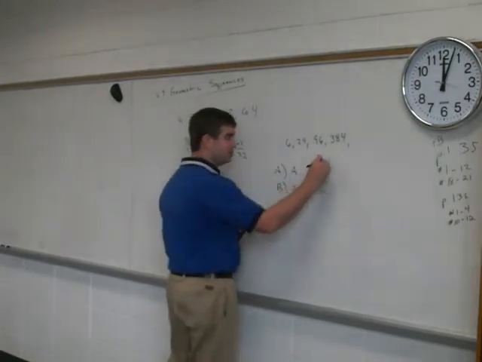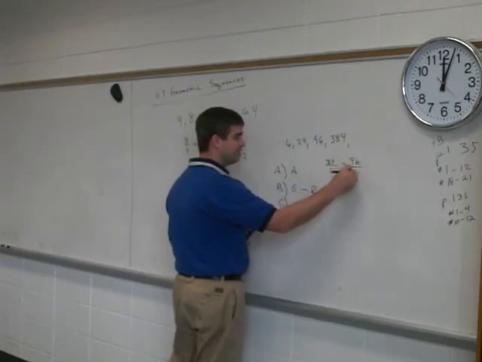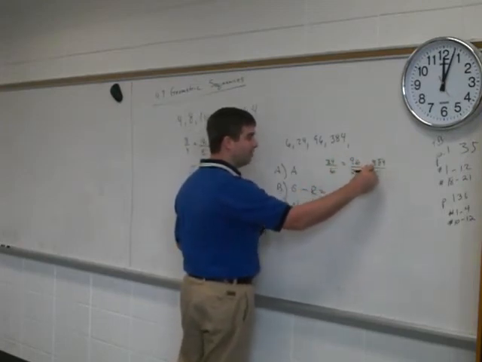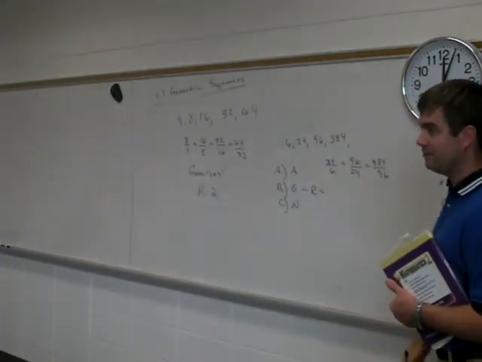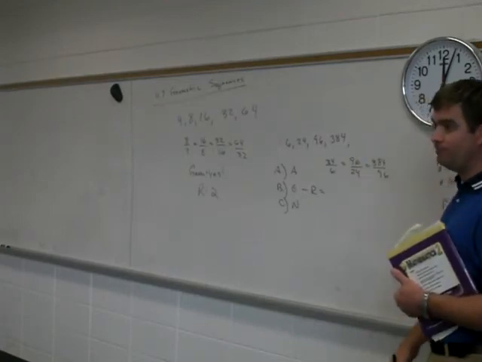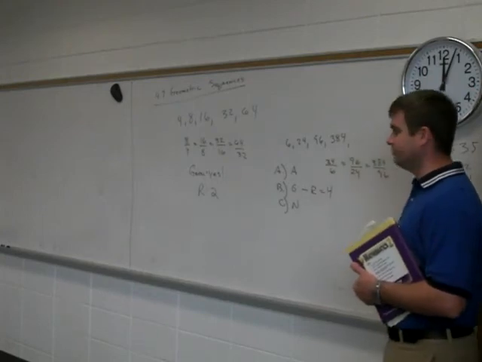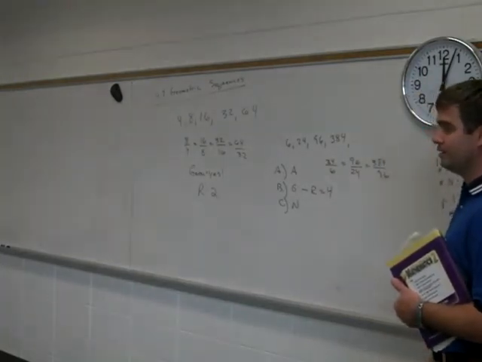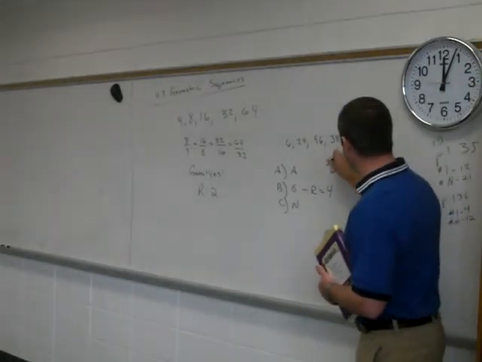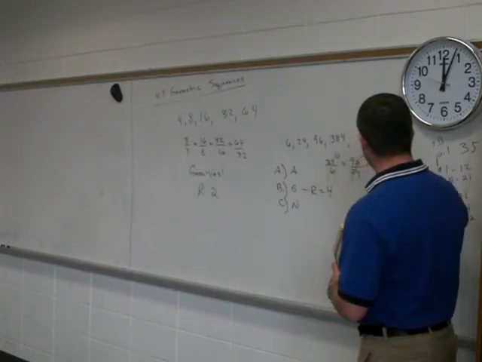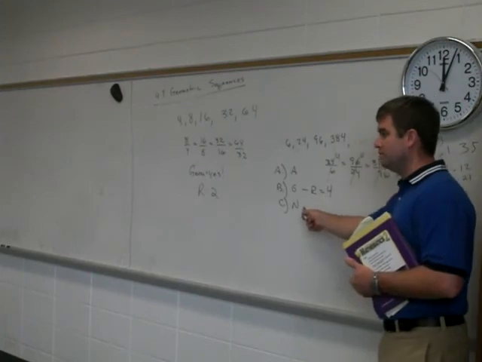Well, the way you get R is you say 24 over 6, which better be equal to 96 over 24, which better be equal to 384 over 96. Each one of those ratios equals the same thing. Right? If you do this on your calculator, 384 over 96, 96 over 24, or 24 over 6, what do you get? Positive 4. Okay, so the ratio. If any of these ratios wouldn't work, if you got 4 here and 4 here, but here you simplified and you got 4 over 3, then it's not geometric. It would be neither. Okay, good question.